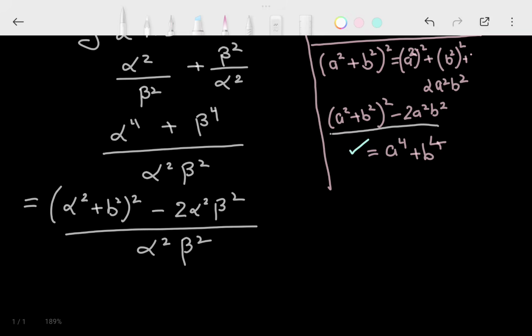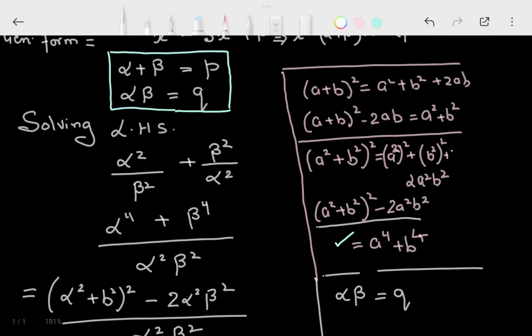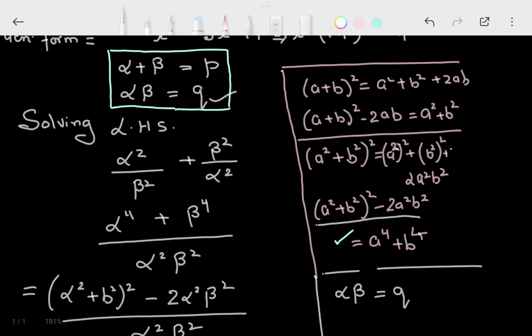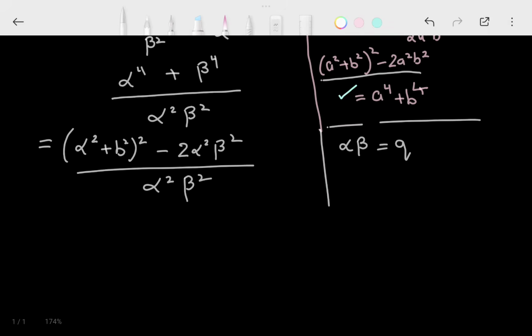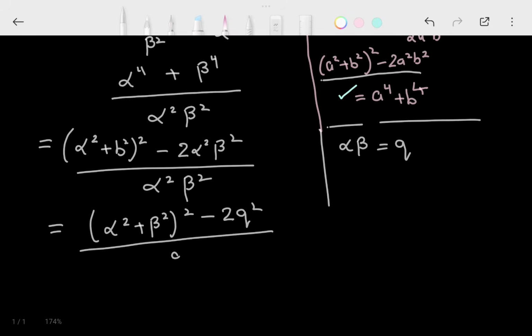From above relationship, we already know that the product of the zeros, that is alpha beta, is equal to q. This we found out earlier. So replace alpha beta with q. So what we can do is, alpha square plus beta square whole square minus 2q square upon q square.